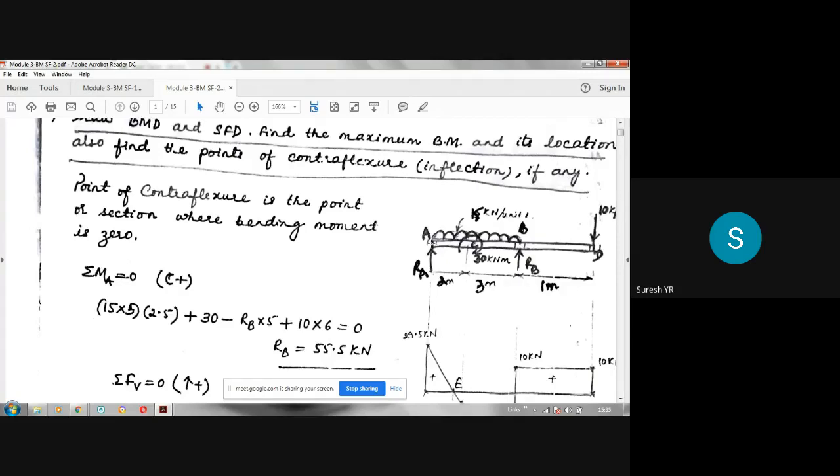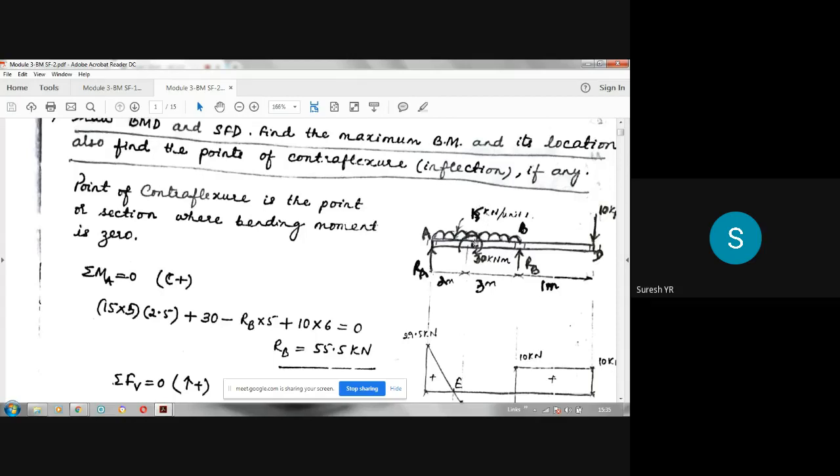First I will take this UDL, 15 into 5. 5 is the length of the UDL. So this 15 kilonewton per meter is acting over a length of 5 meter. So total load is 15 into 5 and it acts at the midpoint.